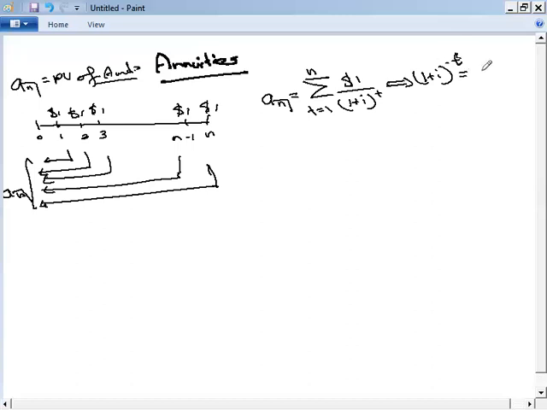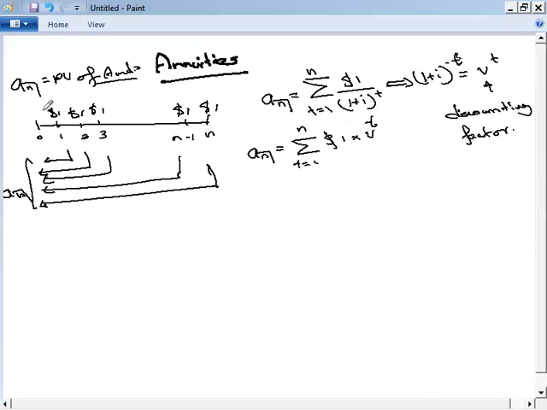Then we can substitute it as v to the power t. So this is the discounting factor, v to the power t. So we can rewrite this formula: A_n equals the summation, t starts from 1 and goes to n, $1 into v to the power t.